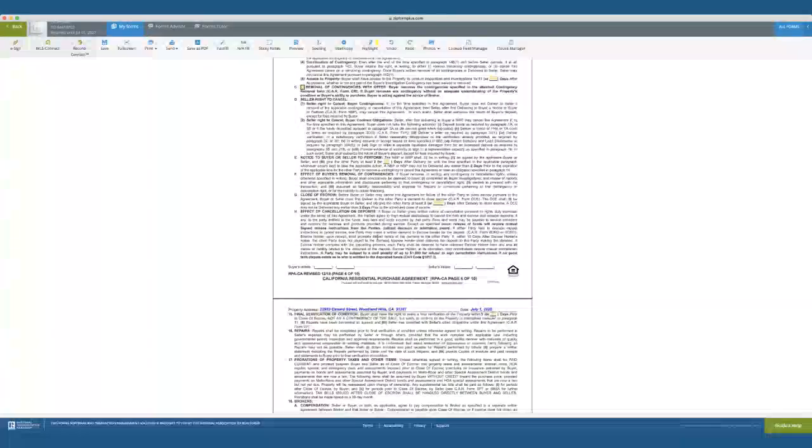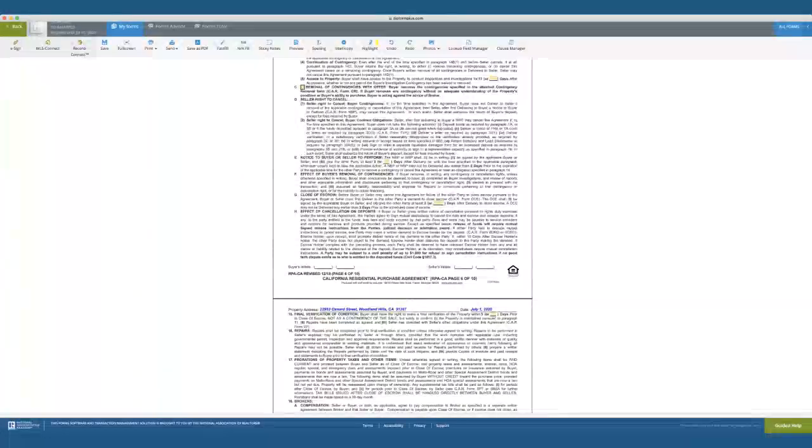But if a buyer has removed all of their contingencies, that buyer's deposit is in jeopardy. And it's not just handed over to the seller. The money is held in escrow, and it's determined by a mediation or judicial decision or arbitration award as to what the outcome of that deposit is.